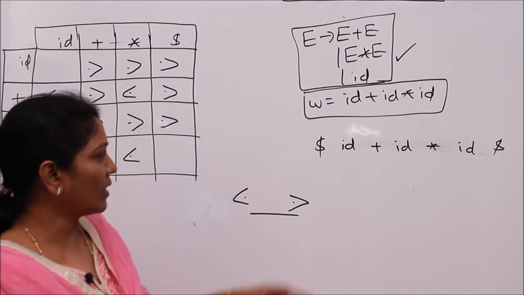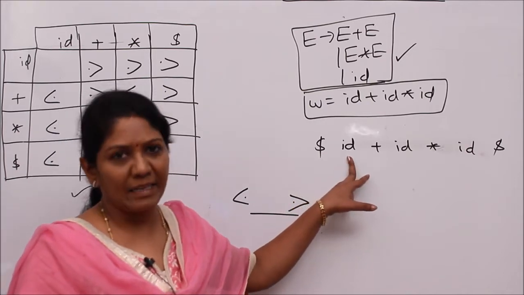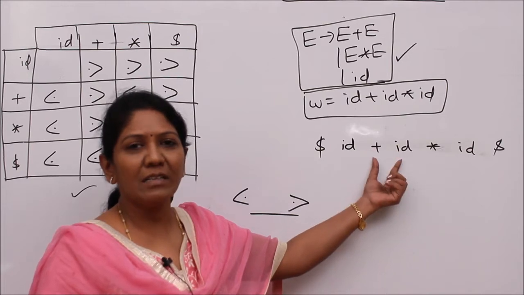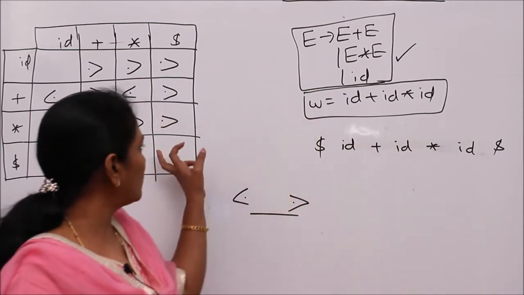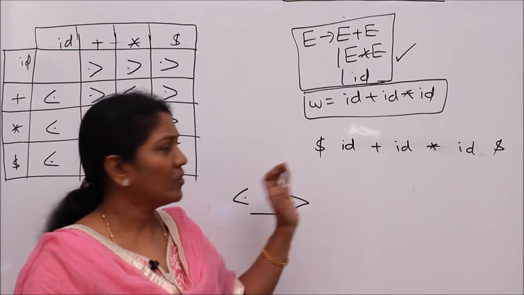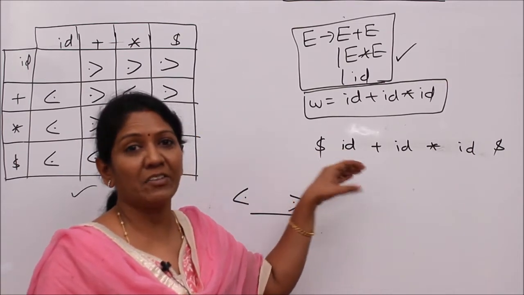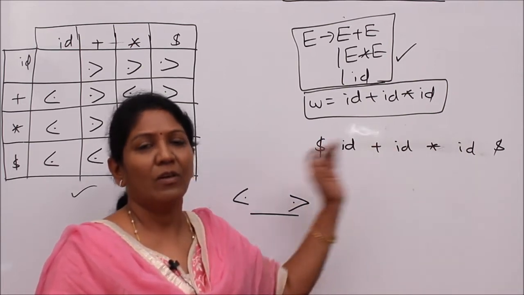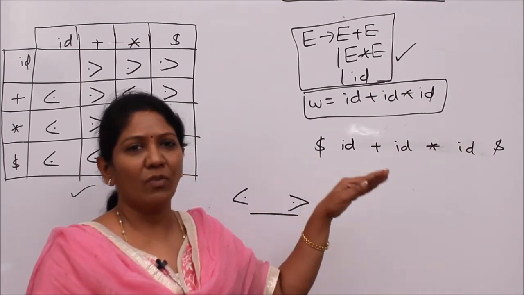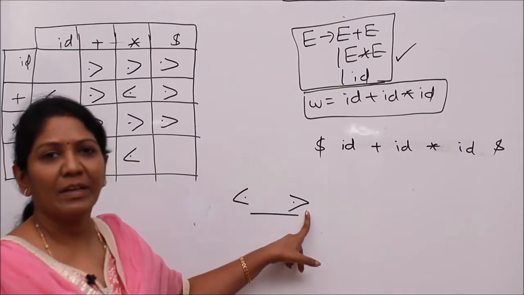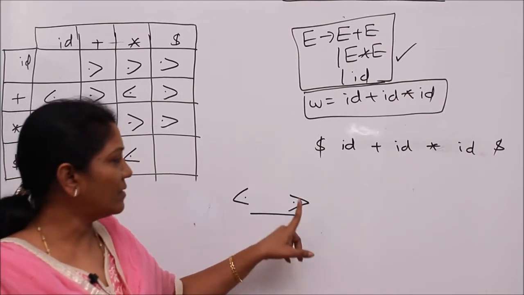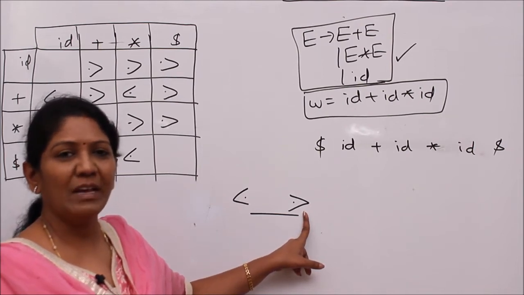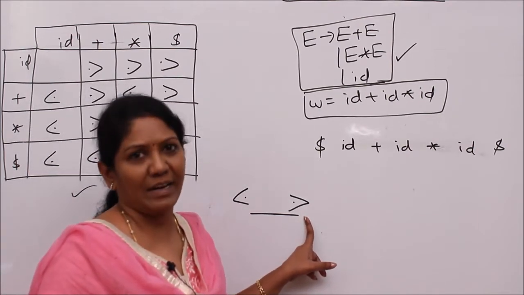I repeat once again. It takes the input string, and between every pair of symbols it inserts the precedence relation by using this precedence relation table. Once you have a string with precedence relations inserted, it scans that string from left to right. While scanning, it goes forward until it sees a greater precedence symbol. On seeing the greater precedence symbol, it stops. Why it stops is because that is the right end of the handle.